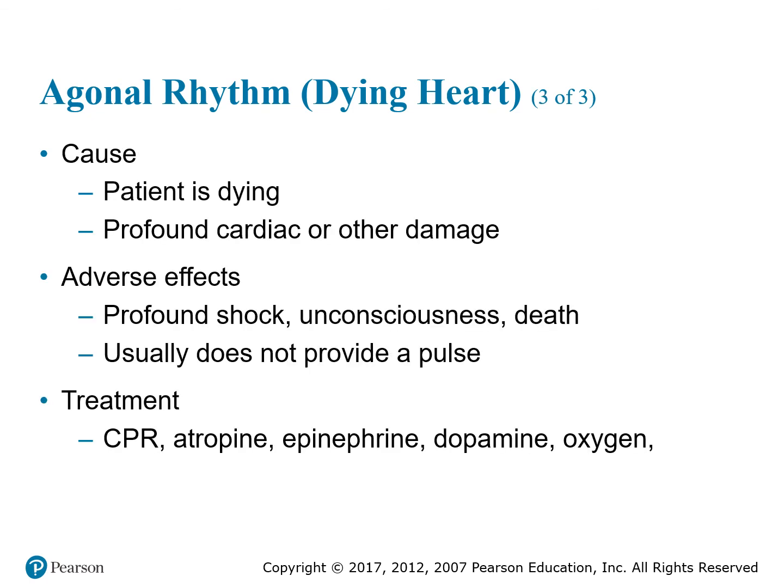Some causes of an agonal rhythm are that the person is dying, usually from profound cardiac or other damage or from hypoxia. Adverse effects include profound shock and loss of consciousness, and death if untreated.